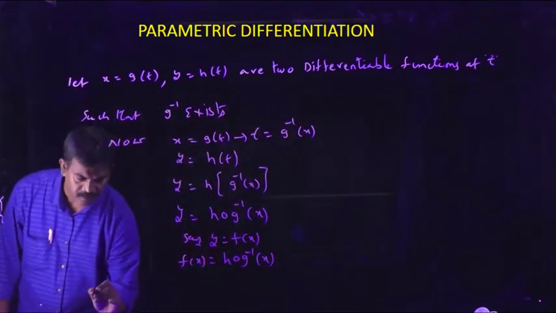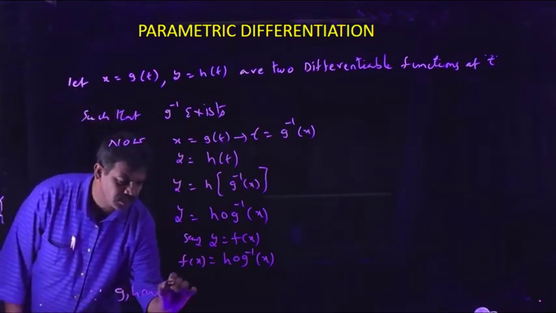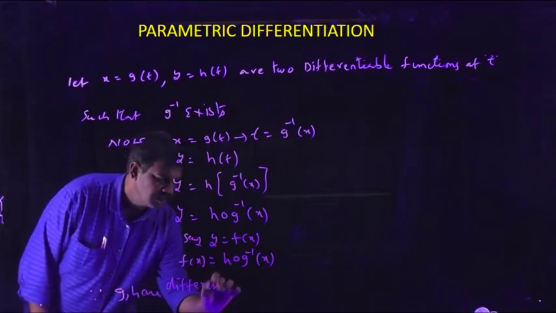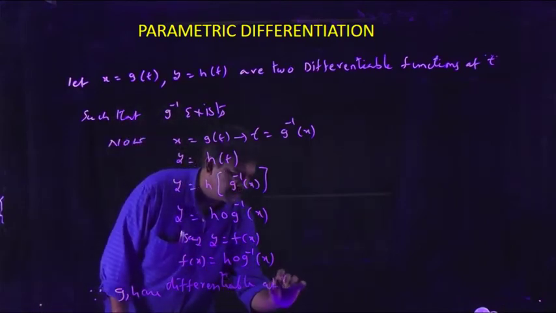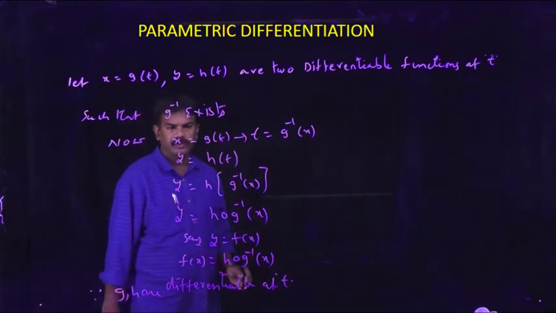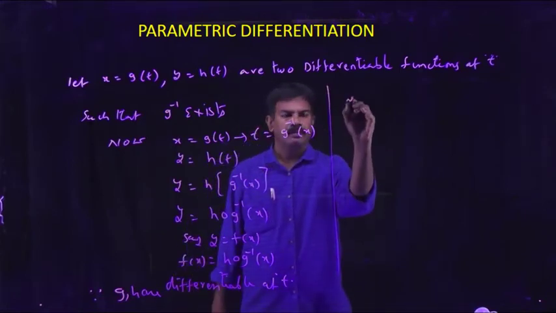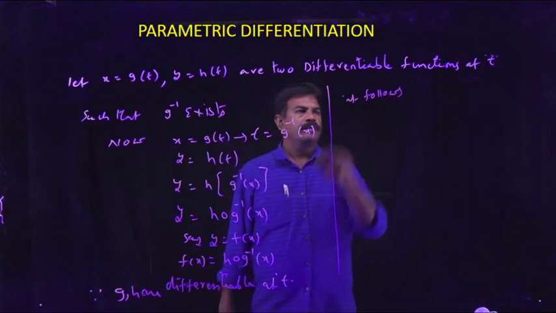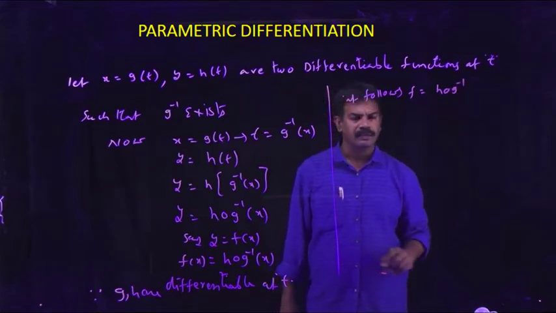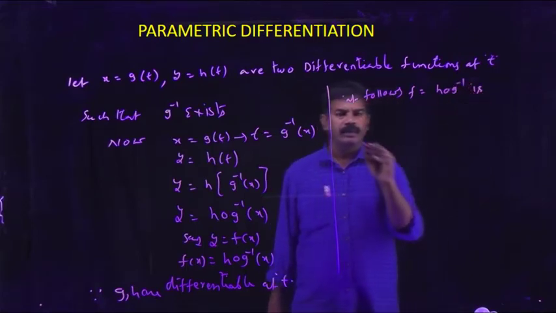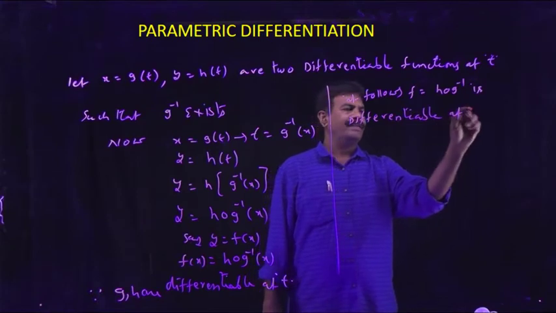Since g, h are differentiable at t, it follows f is equal to h circle g inverse is differentiable at x.